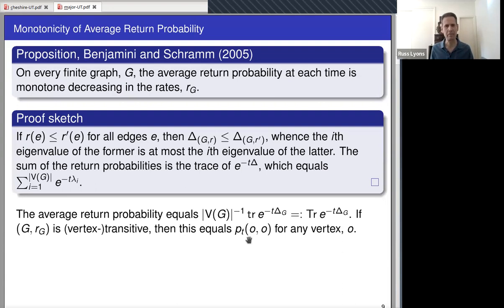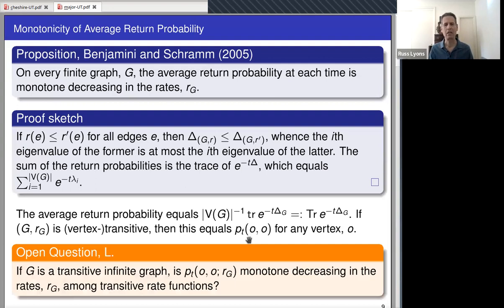But this suggests a question for infinite graphs where averages do not make sense. Suppose I have an infinite graph which is transitive. And now I consider rate functions, which are also transitive. Then I can look at just one vertex.